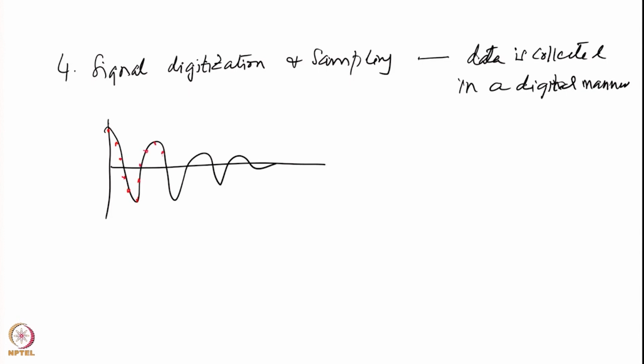So digitally it is collected with time intervals in between. This is called signal digitization. The time between two consecutive points has to be the same, and let me call this the dwell time. So this is the time between two consecutive points.